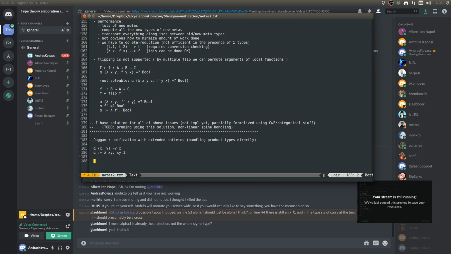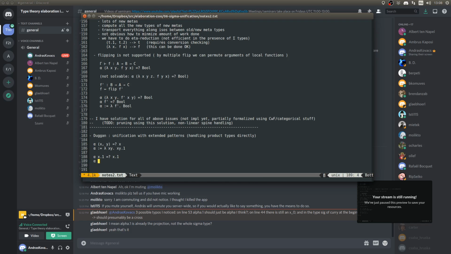Or another thing is that if I have an alpha of x dot 1 equals x dot 1, then this unification algorithm can directly solve this to be just lambda x x.